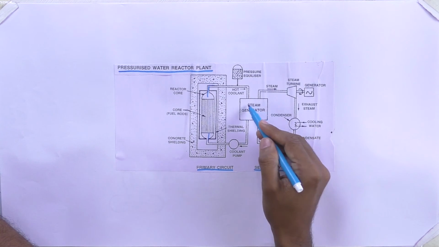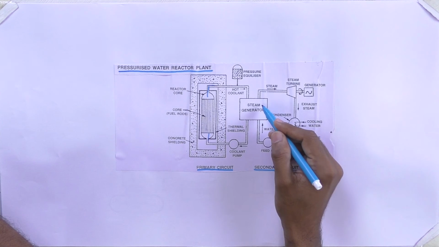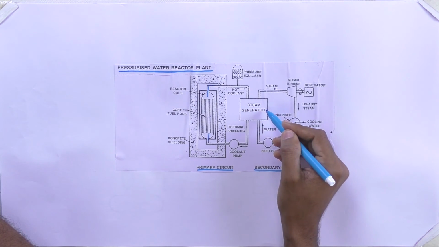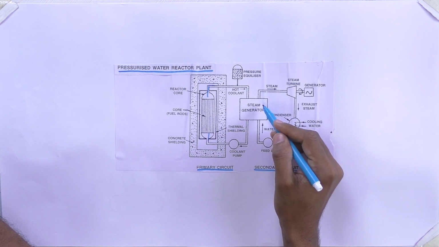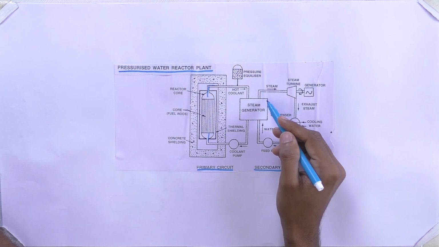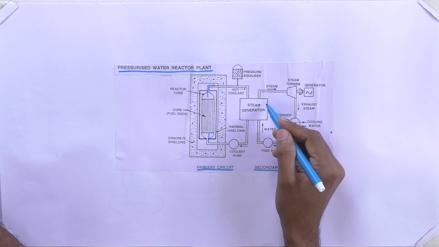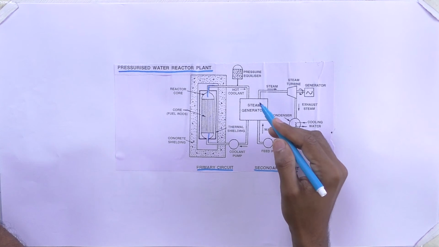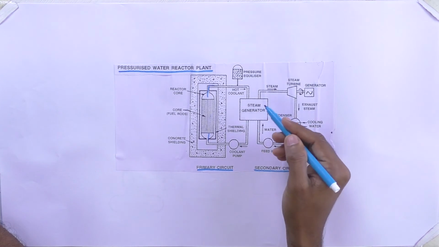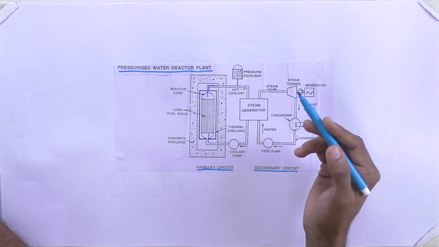So the steam is generated in the steam generator, which is normally what we call a boiler. The boiler generates steam energy. Initially the water is converted into wet steam, then the wet steam is converted into dry steam. If you continuously keep supplying heat, the dry steam is converted into superheated steam.